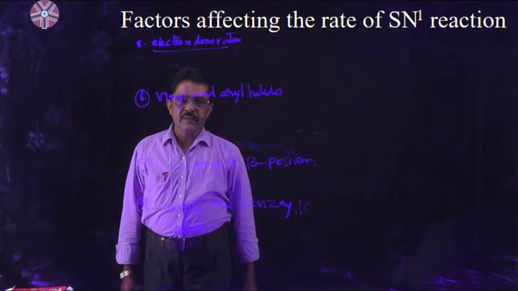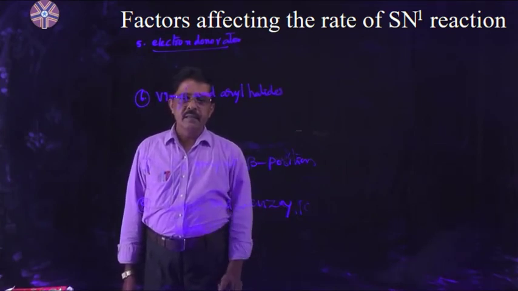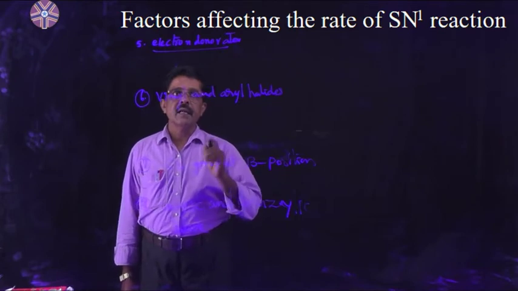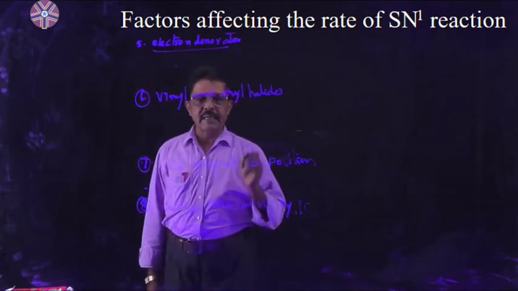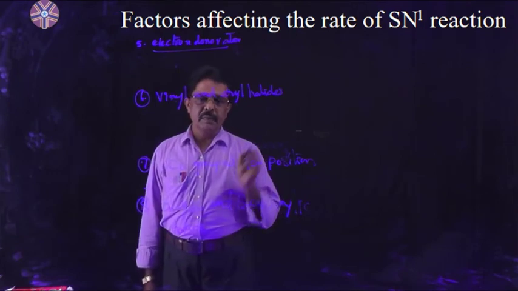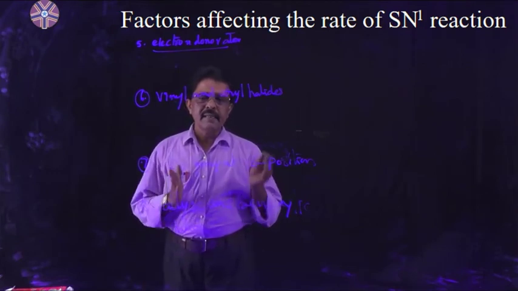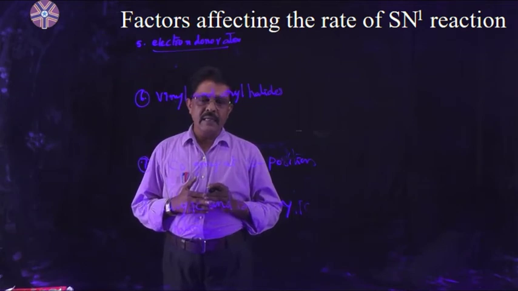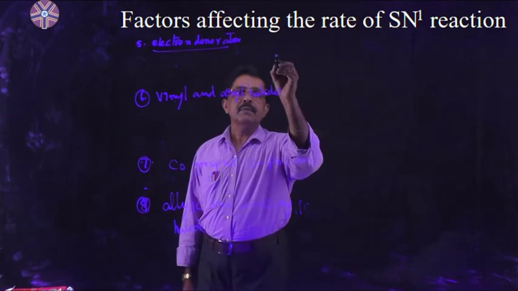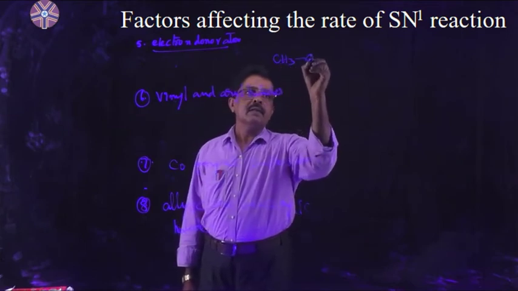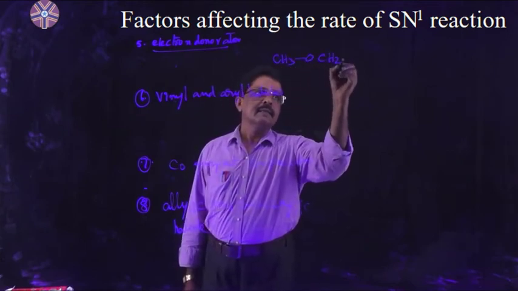Students, we learned the influencing factors on the rate of SN1 reaction. We discussed 4 factors. Next, the fifth one is the electron donor atom. If an electron donor atom is present at the alpha carbon, it increases the stability of the formed carbocation, hence the rate of reaction is increased. The formed carbocation is stabilized by this electron donor.